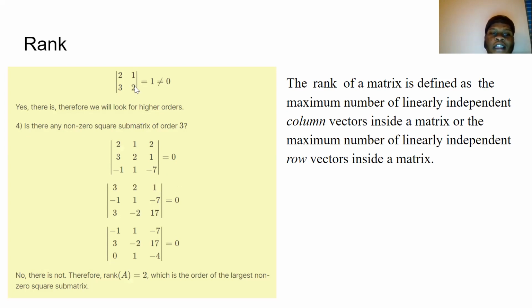So how you calculate rank is knowing that if you have a non-zero answer when you calculate the determinant, that's your largest rank. So this 2 by 2 is the largest rank compared to this 3 by 3. This 2 by 2 has two columns, making it have a value of 2 because it's in a submatrix.